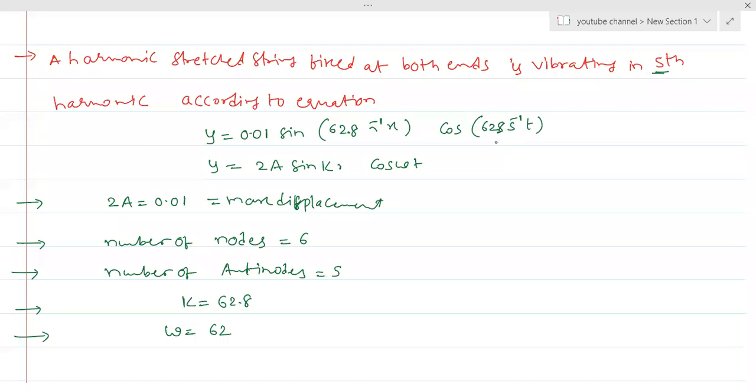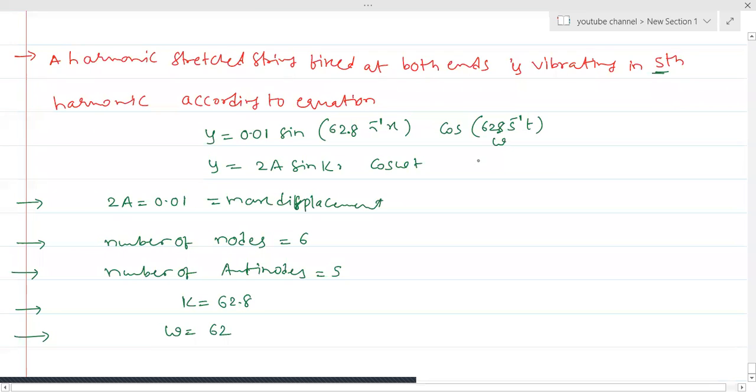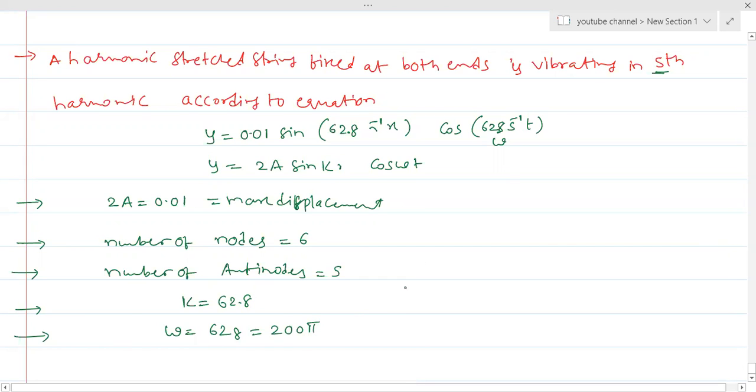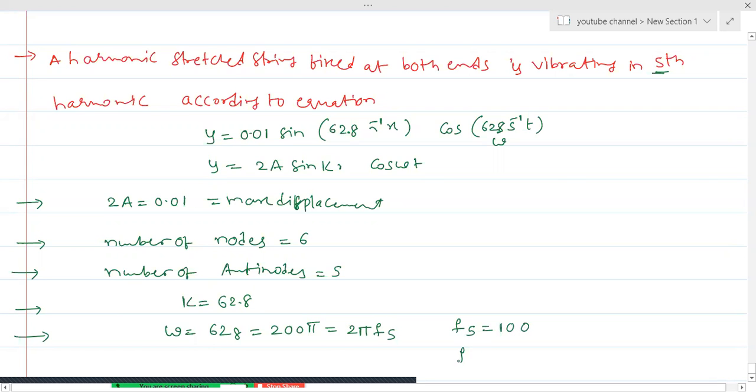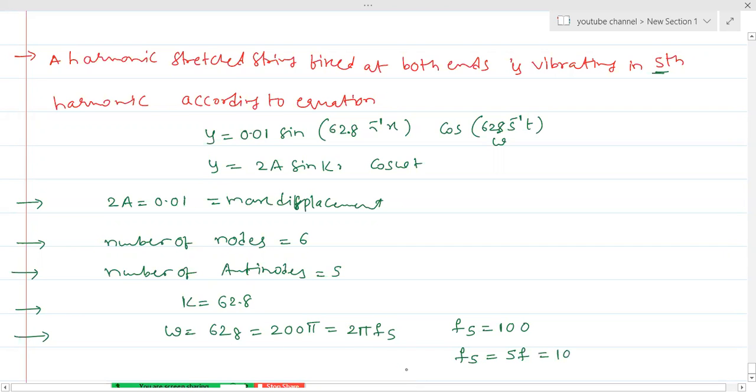Omega equal to 628 is equivalent to 2 pi into f5. As this is the fifth harmonic, so we have 5 loops. Therefore f5 is equivalent to 100. Fifth harmonic means 5f is equivalent to 100. So the fundamental frequency is going to be 20 hertz.